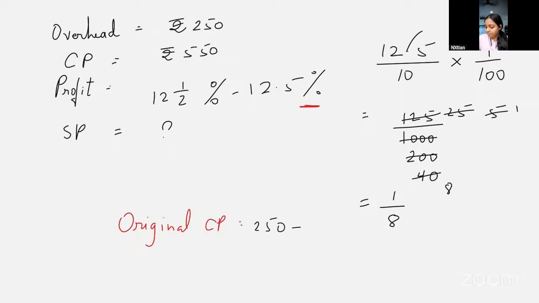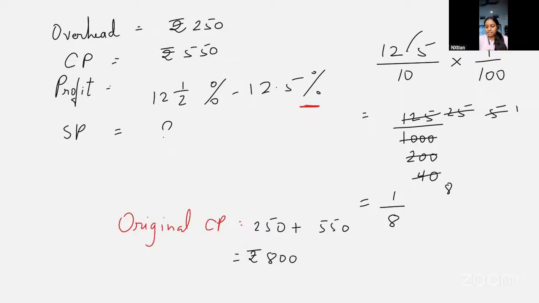Can we write the original cost price as CPO? CPO. Okay, or you can just write it as CP. Yes, Abija. Ma'am, I haven't really understood the concept of overhead charges.